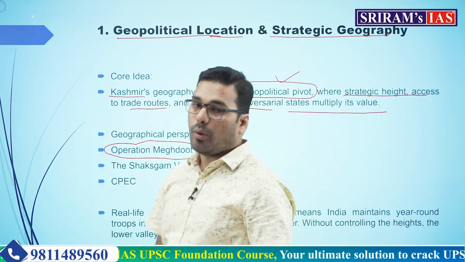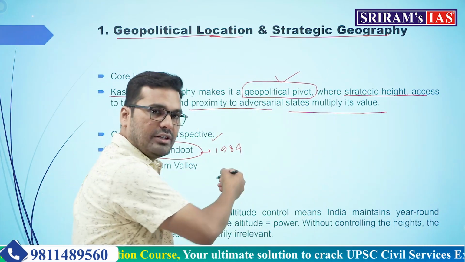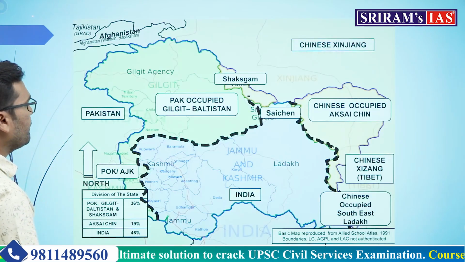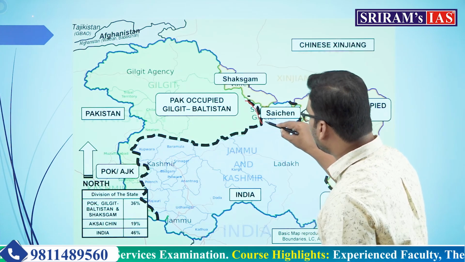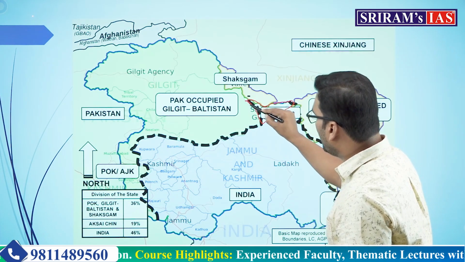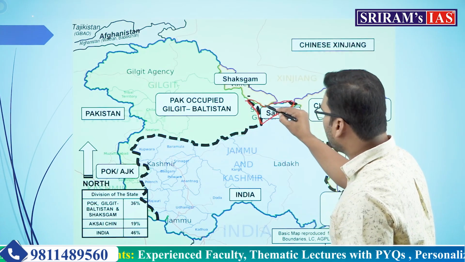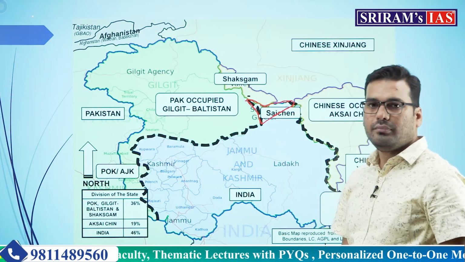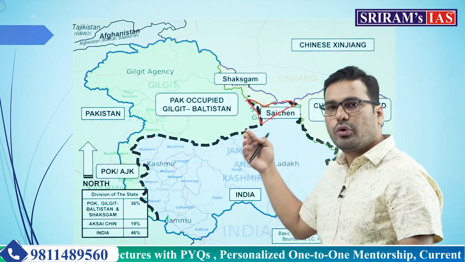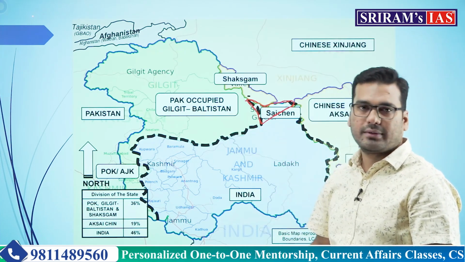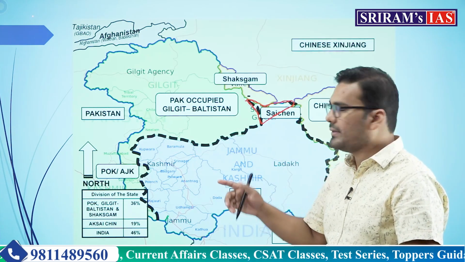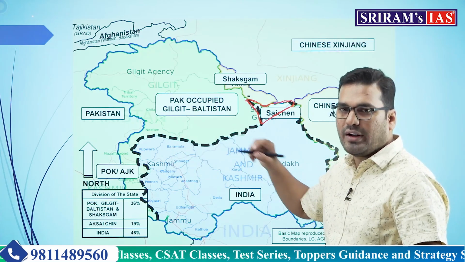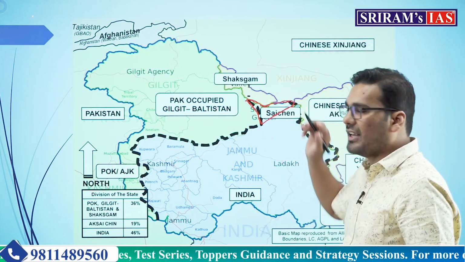I will show you on the map. You see this area, called the Siachen Glacier. This was part of India. Earlier, Pakistan used to occupy it, but as soon as India got an opportunity, India ran Operation Meghdoot and we captured the Siachen Glacier.